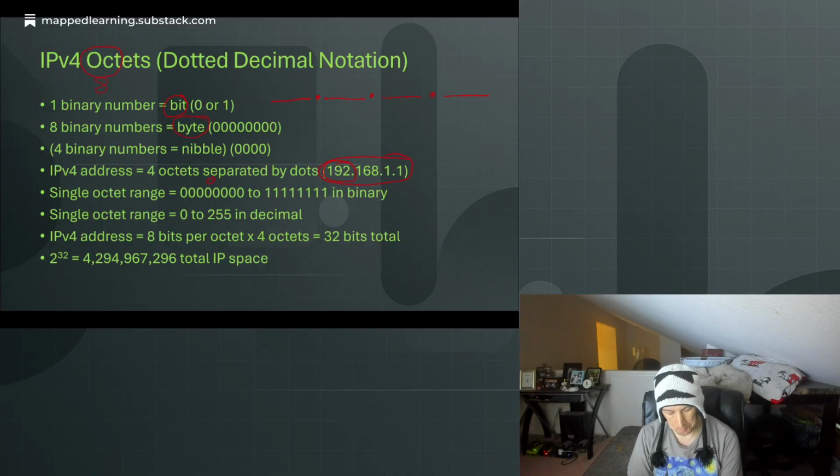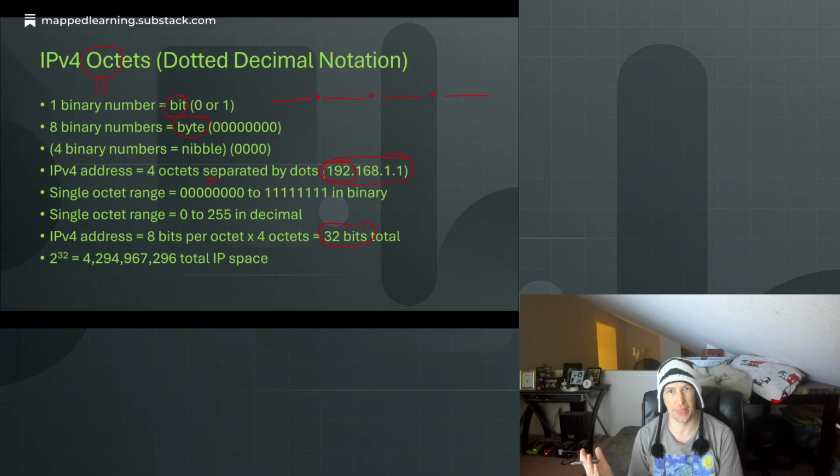So we have 8 bits per octet and 4 octets total. That means an IPv4 address is 32 bits in length. And I know most of us know 2 to the 32nd power is 4.294 billion, right?